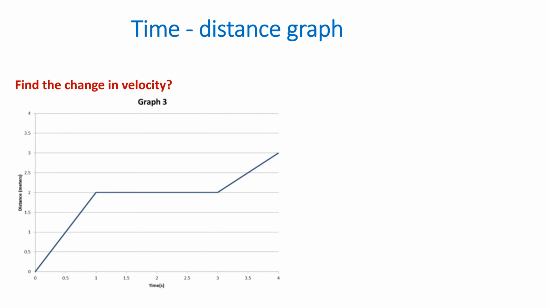So, let's come to an example. In here it says find the change in velocity. We know that to find the slope we would use y2 minus y1 divided by x2 minus x1.